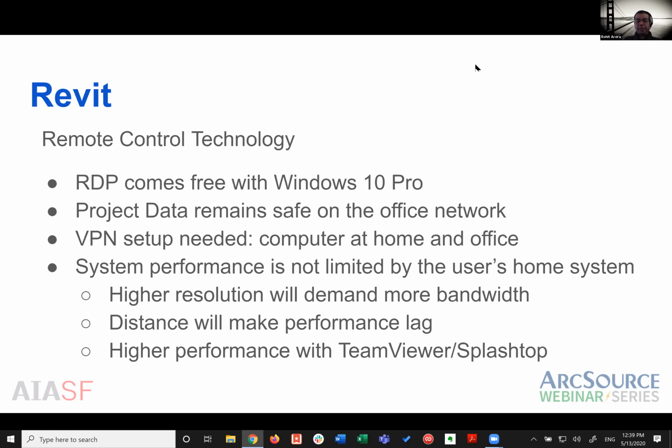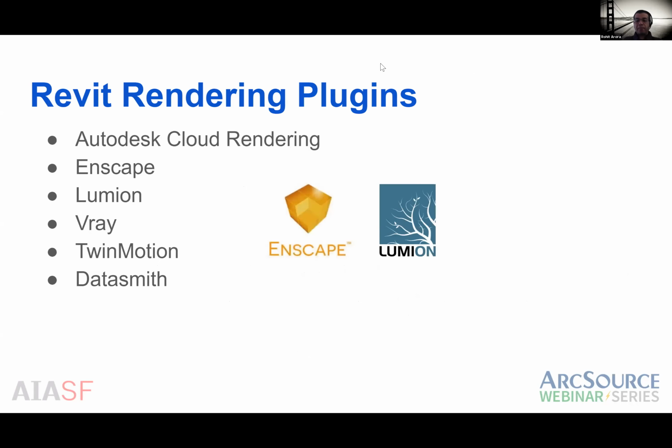Can go on to the next slide. So in all of this, I just wanted to quickly touch upon options for rendering plugins, because we need to figure out a solution. If you don't have a high-end machine with you, there are some other solutions you can look into. Autodesk Cloud Rendering is one. It is an add-on subscription.